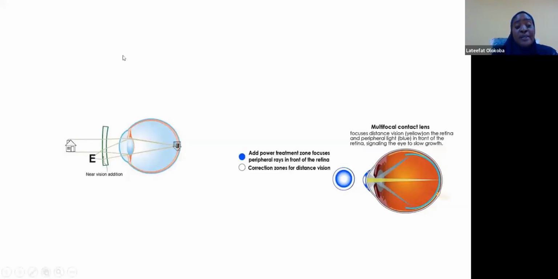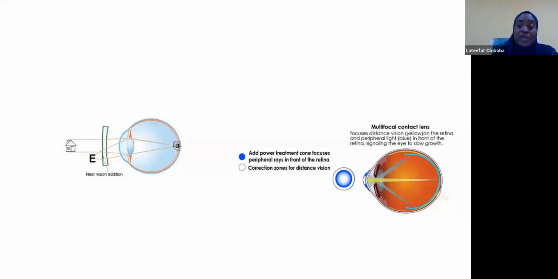So when a near add is incorporated into the conventional concave lens for myopic correction, a clear image is formed on the retina from a distant object, and then a clear image is also formed on the retina from the near object. So this effectively blocks the stimulus for continued elongation of the globe, and subsequently stops the progression of myopia.